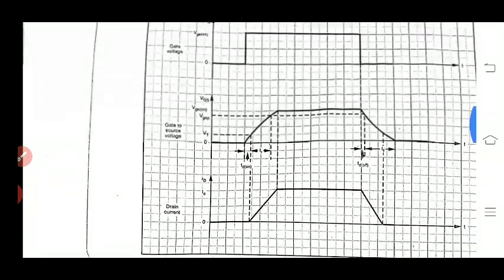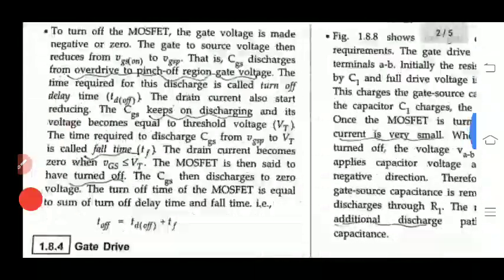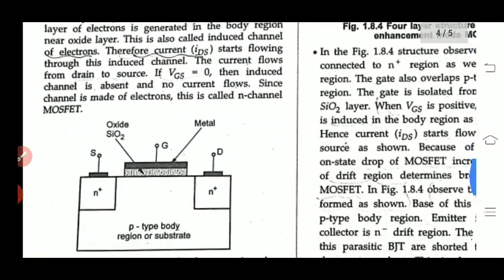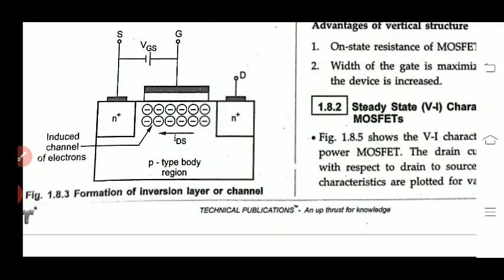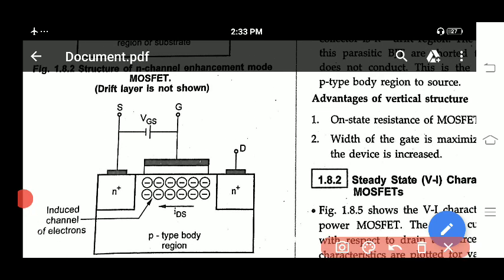A gate drive means whatever voltage you have applied between gate and source to make your MOSFET on, and whatever explanation is given regarding this voltage, that is nothing but the gate drive requirement. We'll see what type of gate drive requirement you are expecting.